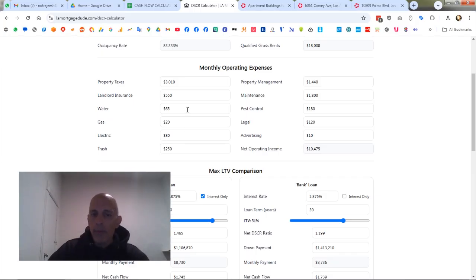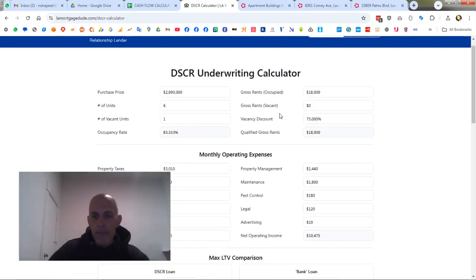With 1 to 4 units, you're generally looking at property taxes, insurance, and maybe some legal fees as your general operating expenses. When you're working with 5+ units, water, gas, electric, trash end up being expenses in the common areas because it is a commercial building.